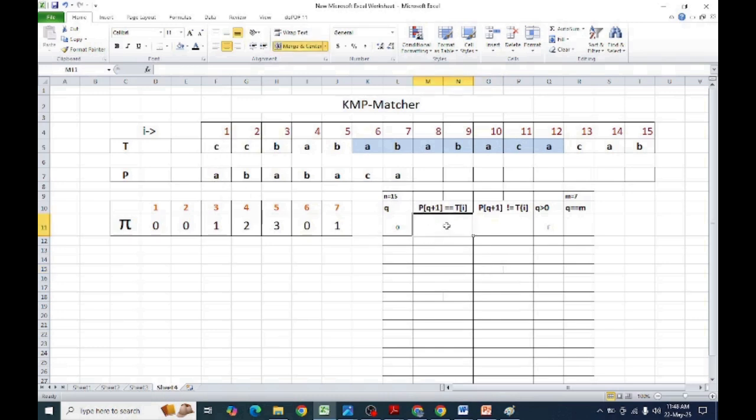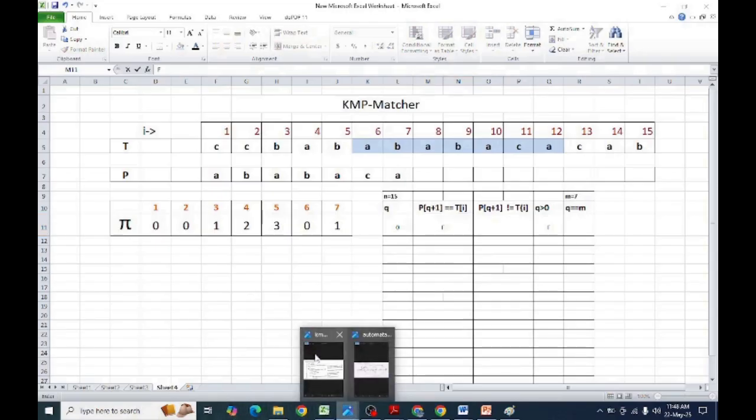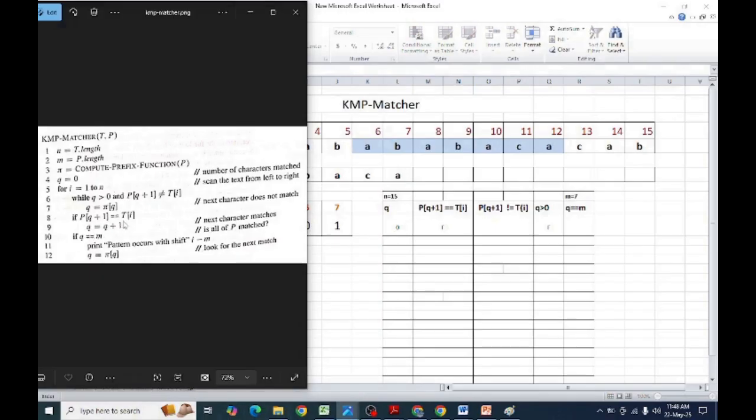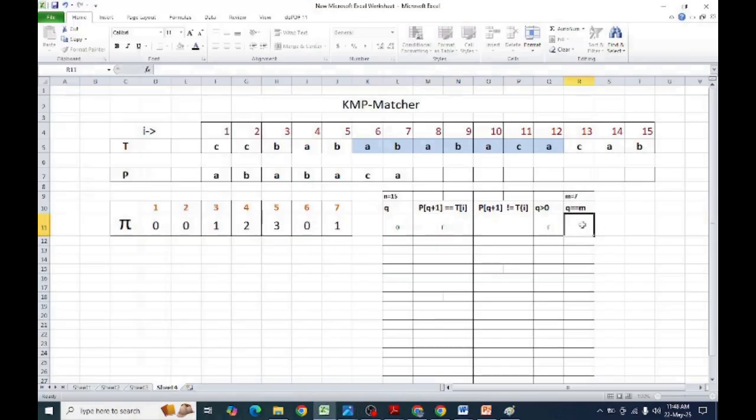No, so this condition is false. Let us see what will happen. This condition is false, so this will not work. q is equal to m, that also is false.